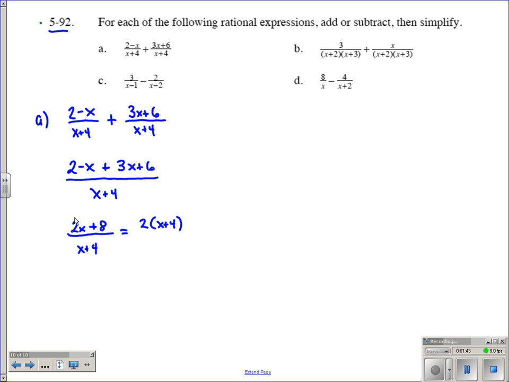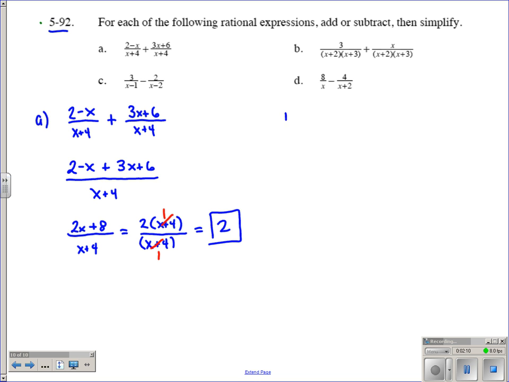Remember, 2 times x is 2x, 2 times 4 is 8. Now we've got a binomial over the same binomial, which means that these divide to give us 1 over 1. And then when we multiply 2 times 1, we're going to get 2. So our final answer there should be 2.